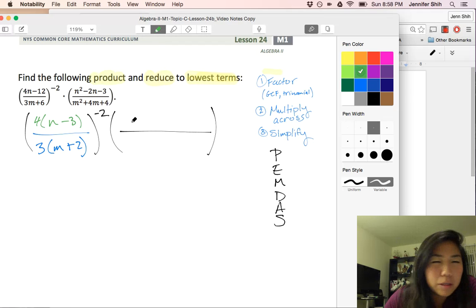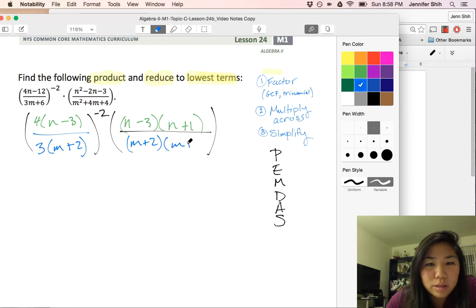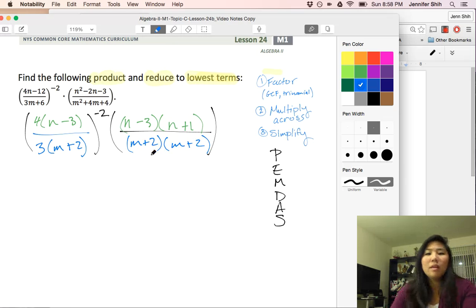And using my good mental math, I'm going to do n minus 3 and n plus 1. And then in the denominator, I'm going to get m plus 2 and m plus 2. Okay. Now, we factored, we dealt with the parentheses, now let's deal with the exponents.